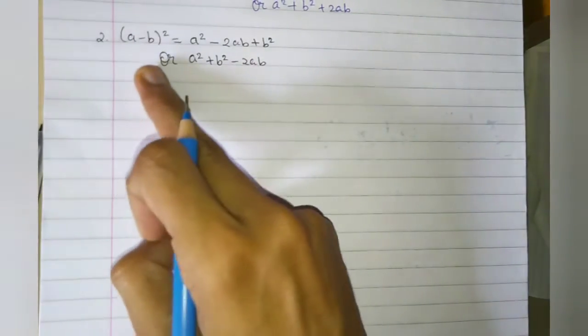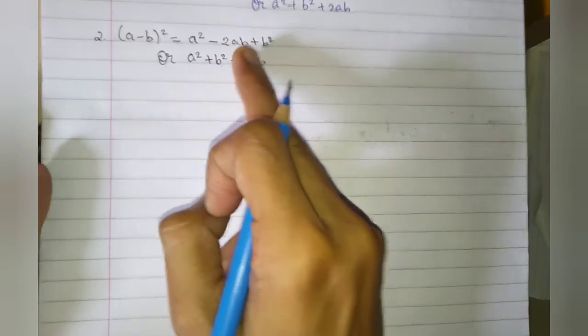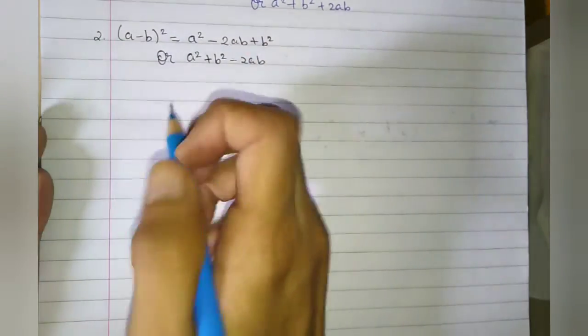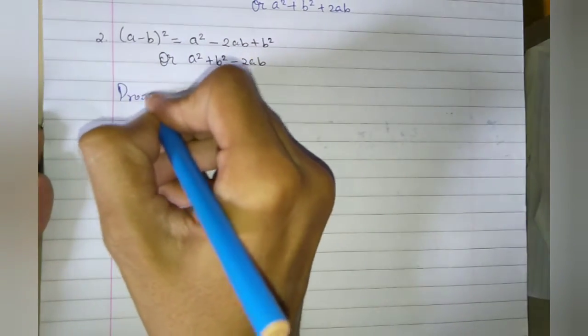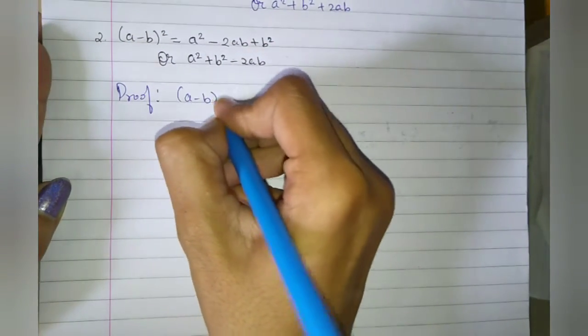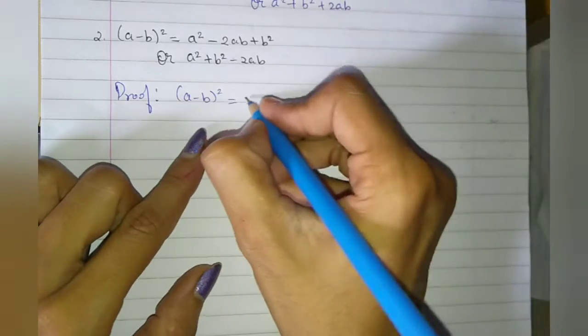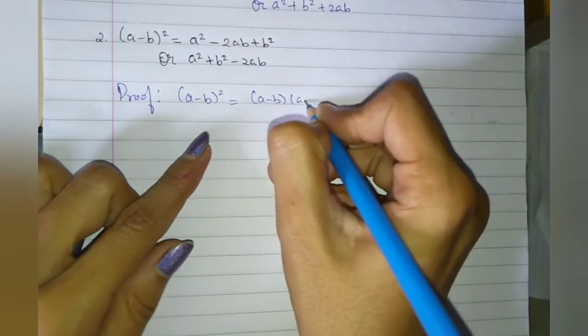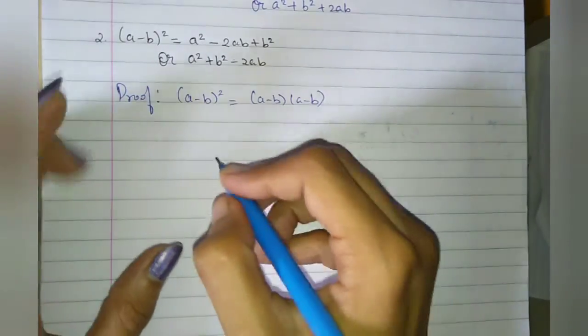Now we had a proof for a plus b. Now (a - b) whole square equals a square minus 2ab plus b square. For the minus identity, the proof is as follows. (a - b) square equals (a - b) into (a - b).